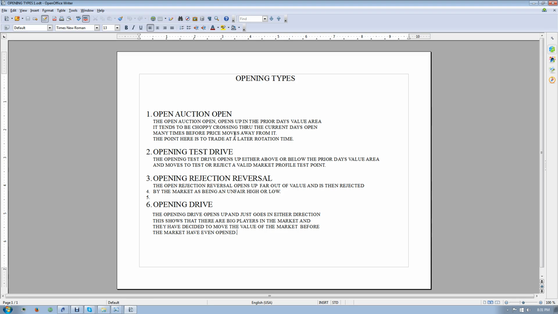The opening rotation, the A rotation, is pretty choppy, so we don't necessarily want to trade that. We want to wait a little bit until we can get a break, maybe B or C rotation. Okay?